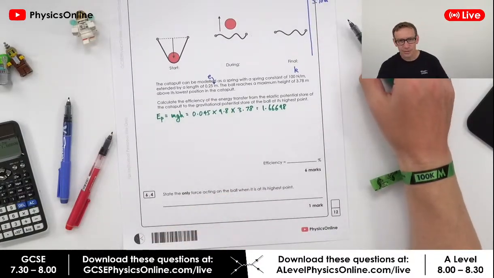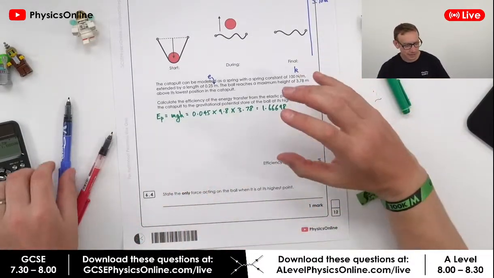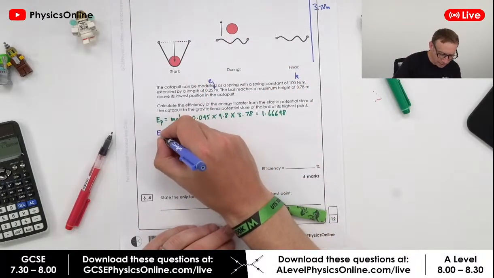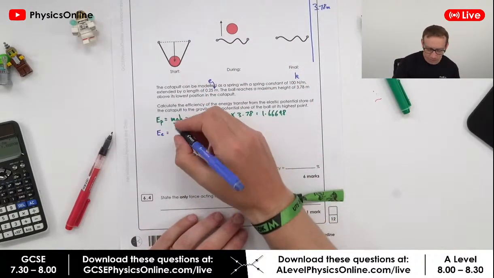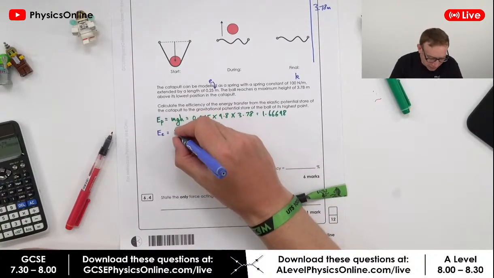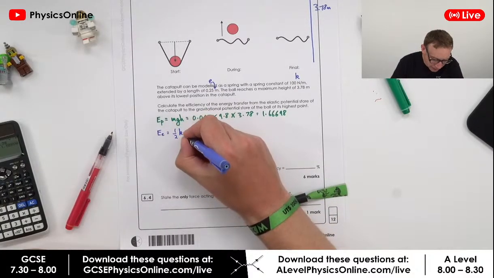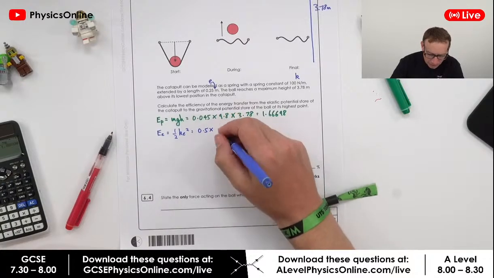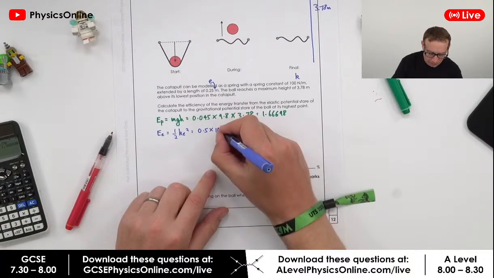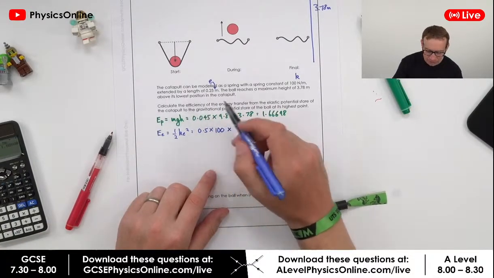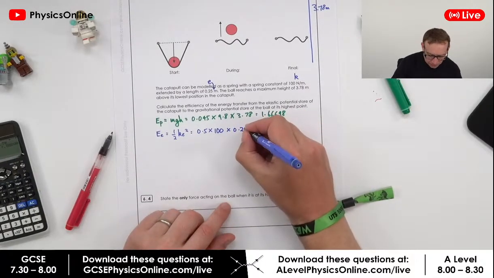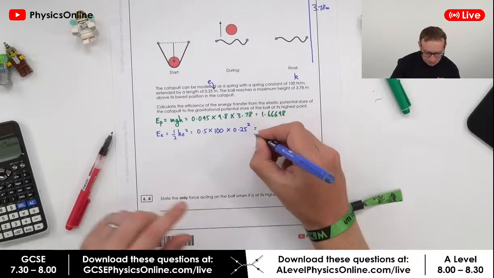How much energy, though, was put in from the elastic store initially? Well, the elastic potential energy is going to be equal to a half k e squared. So that's equal to 0.5 times the spring constant, which was 100, multiplied by the change in length, or the extension, of 0.25 squared.